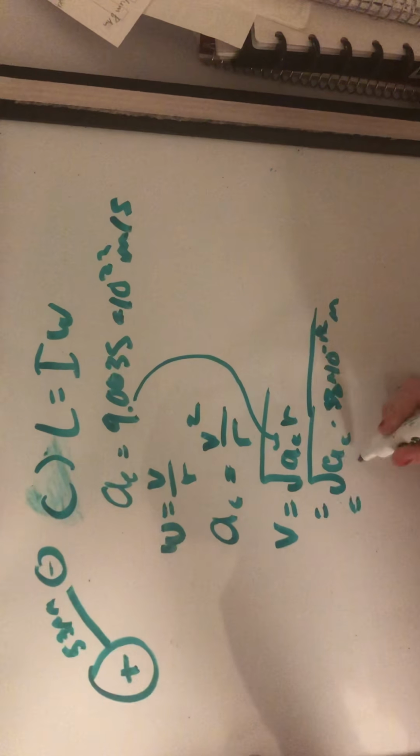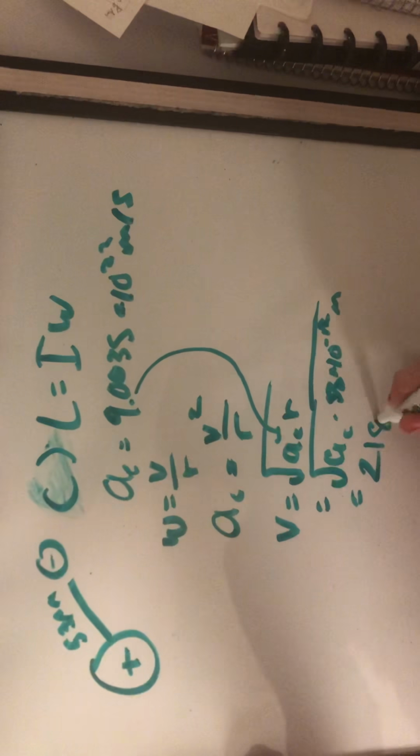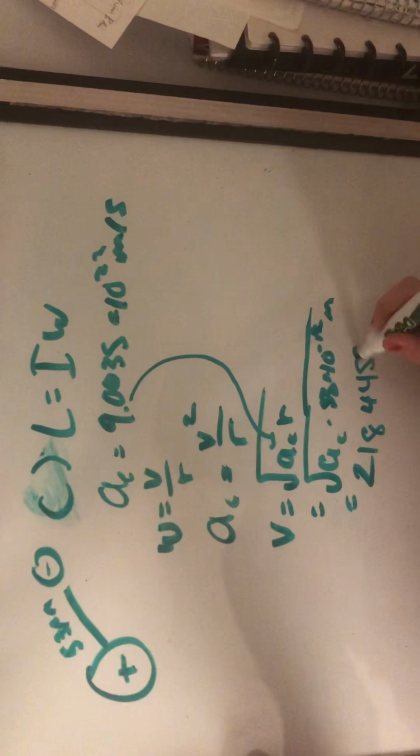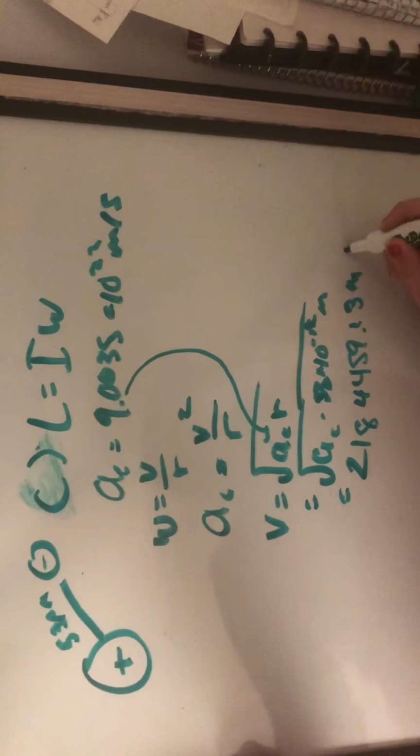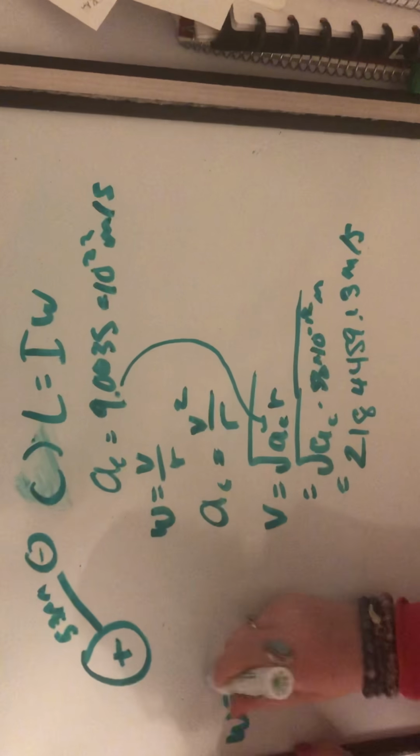And we get that V is equal to 2184459.13 meters per second.